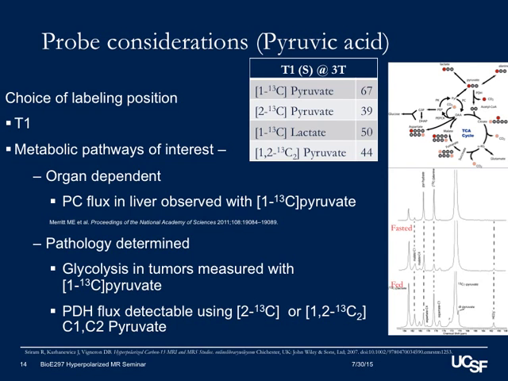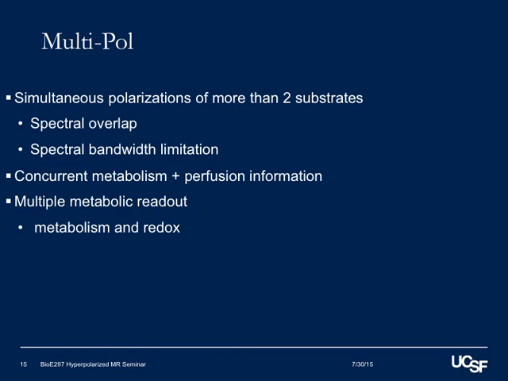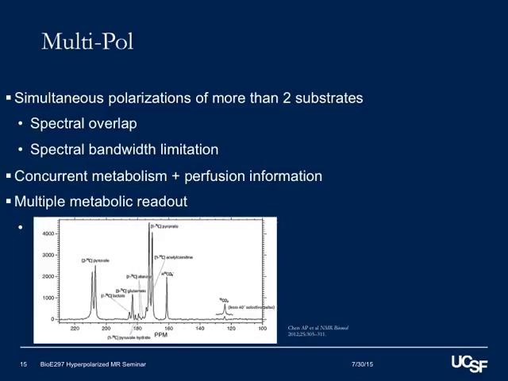So that brings us to using copolarization of substrates. In the previous case, if you use a C1,C2 dual labeled probe, you have some other complications, again depending upon which field you're working at. This is an example of the C1,C2 labeled pyruvate in the pig heart at 3T.